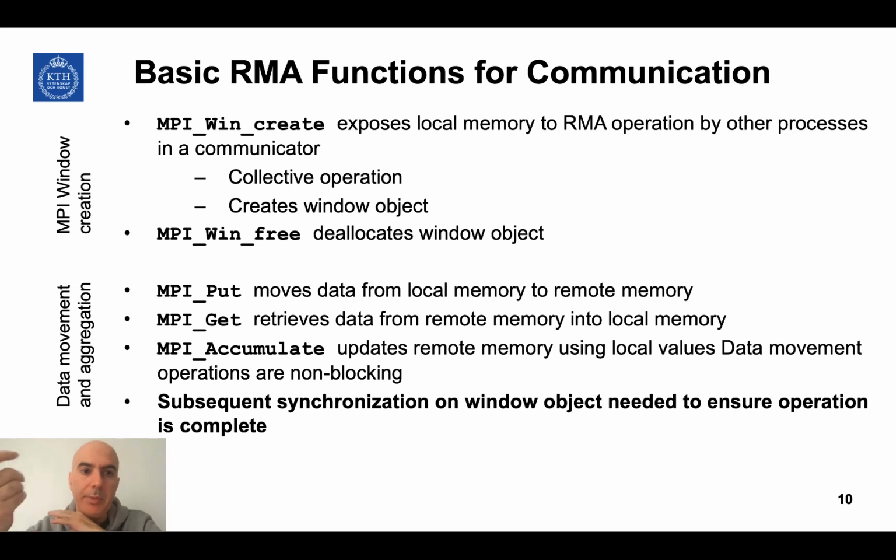We look at MPI_Win_create and MPI_Win_allocate, which expose local memory to RMA operations by other processes in the communicator. This is a collective operation, so all the processes need to be involved, and this also creates a window object. We also need to remember that to release these MPI windows, we use MPI_Win_free.